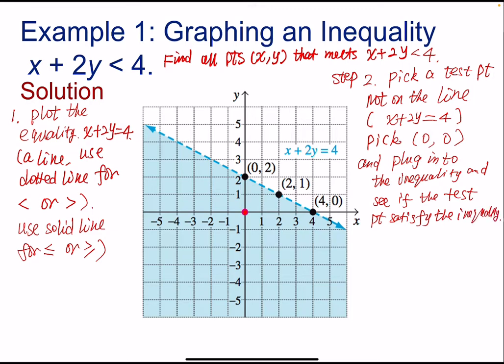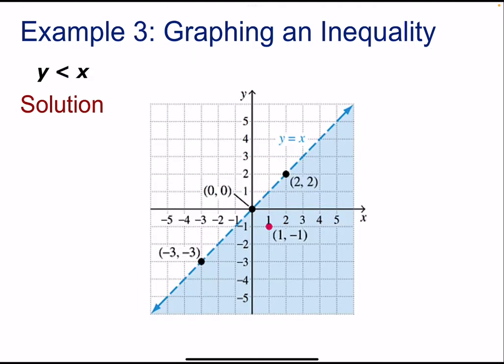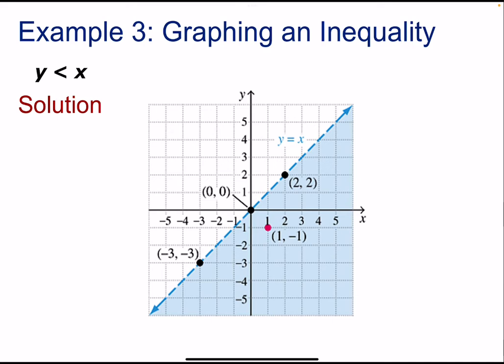So let's see: x equals 0, y equals 0, that's the test point we picked. When I plug into x plus 2y, this gives me 0 plus 2 times 0, which is 0, which is less than 4. So the test point satisfies the inequality.